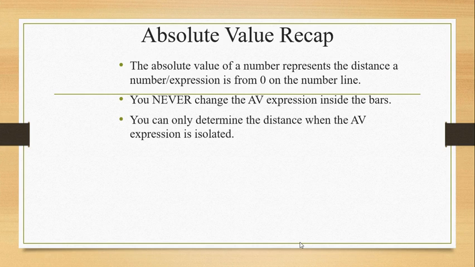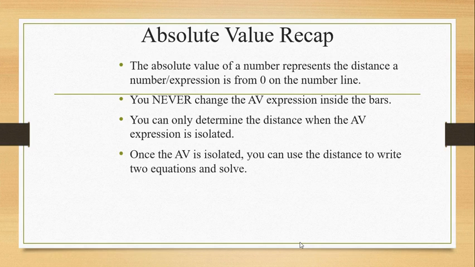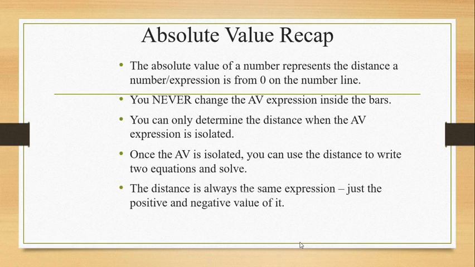You can only determine the distance when the absolute value expression is isolated. You have to move the other terms to the other side, just like in multi-step equations when you're solving for your variable. Once the absolute value is isolated, you can use the distance to write the two equations and solve. The distance is always the same expression, just the positive and negative value of it.